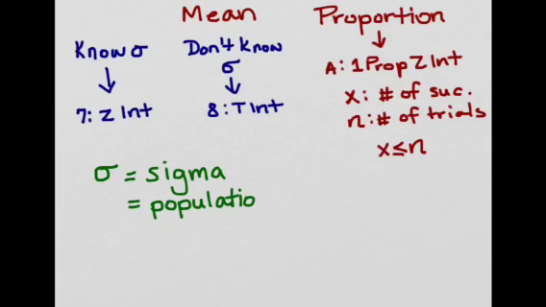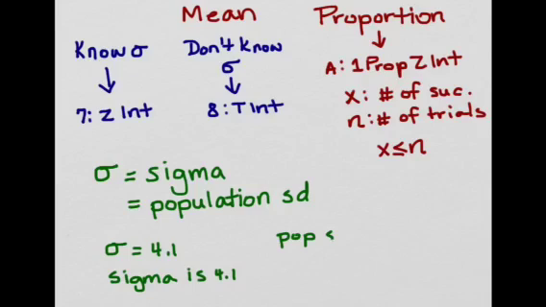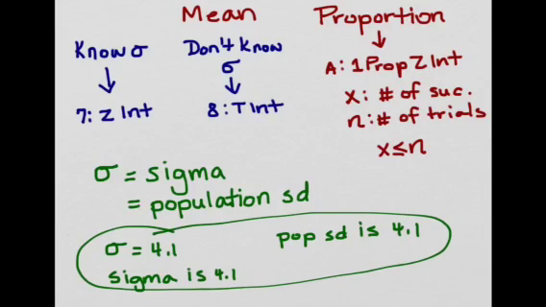So whenever they say that sigma is equal to 4.1, I'm just making something up here, or if they say sigma is 4.1, or if they say the population standard deviation is 4.1. In all of those cases, that tells me that we know sigma, and in those cases I would use z-interval.